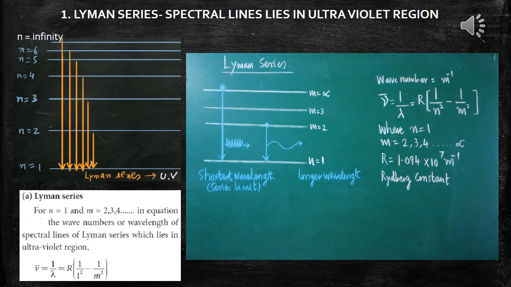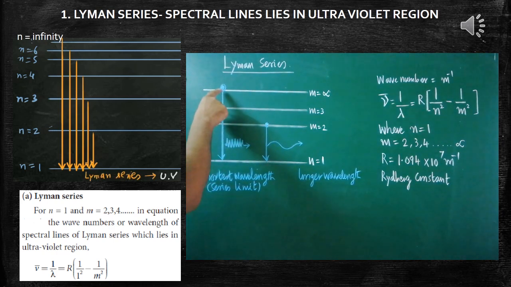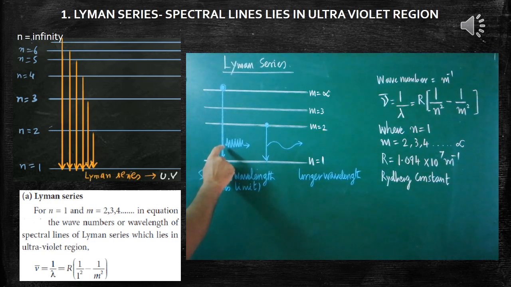Let's calculate the wave number and wavelength of the 2 major spectral lines. So when the electron jumps from the infinite orbit to the first orbit, that spectral line is called the series limit. There, the radiation will be emitted with the shortest wavelength. So for the shortest wavelength in Lyman series, both the wave number and wavelength must be calculated.